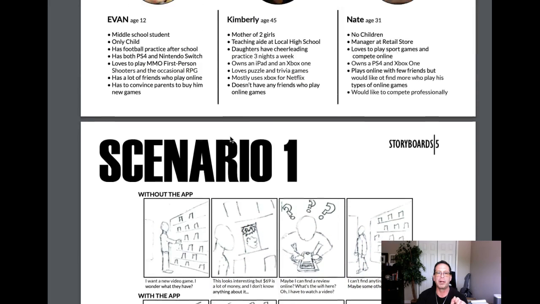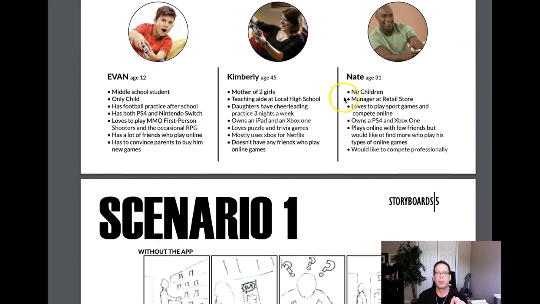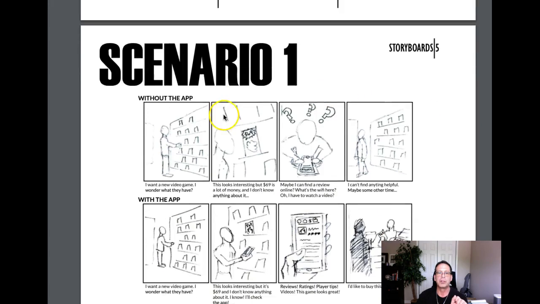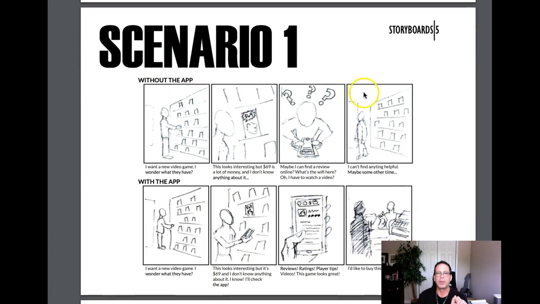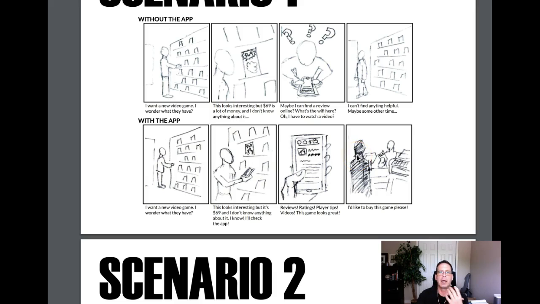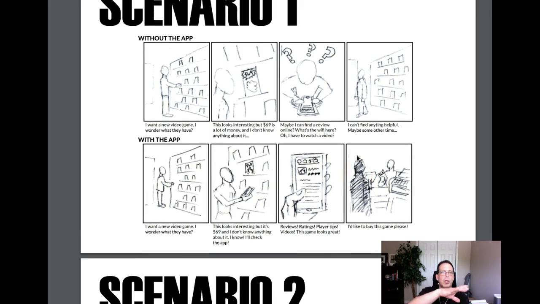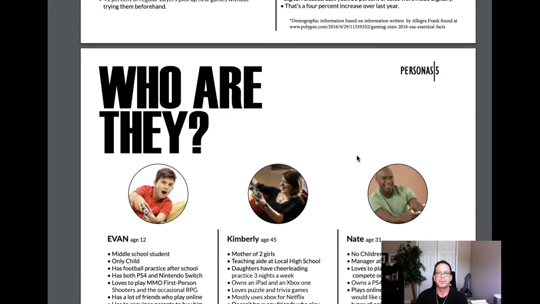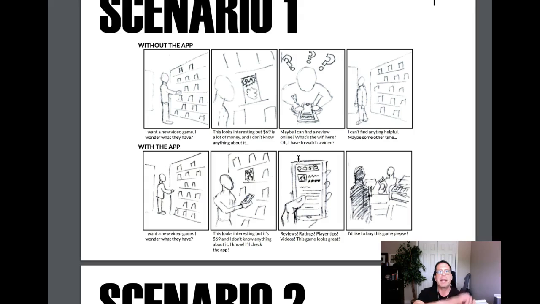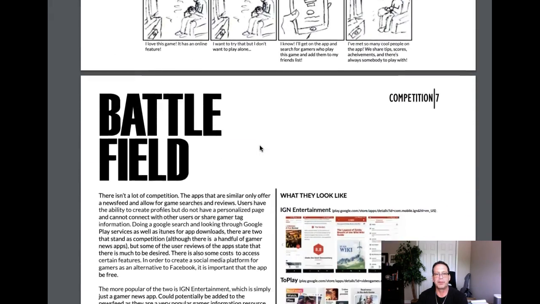So the scenario is basically saying that one of these possible personas could go through this scenario without the app and with the app. And it describes how that scenario will help the persona, showing the advantages of using the app. Okay, I think there are two scenarios here.